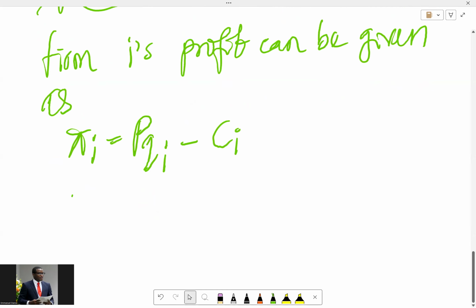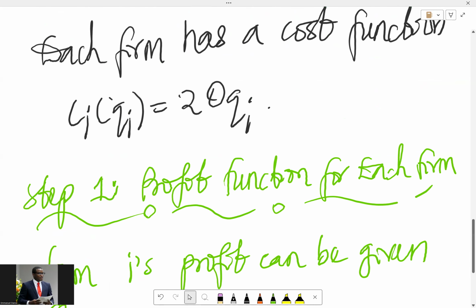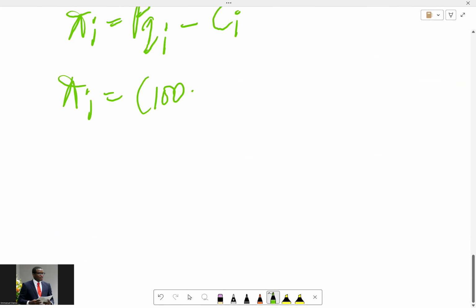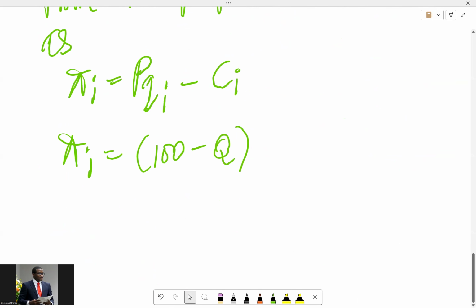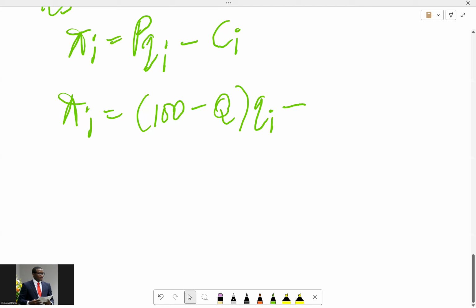Okay, so we can put all of that together. So pi i now is equal to the price, which is already given as 100 minus Q, that is 100 minus big Q, multiplied by Qi, the quantity produced by firm i, minus the cost of firm i. The cost for firm i is 20 Qi.